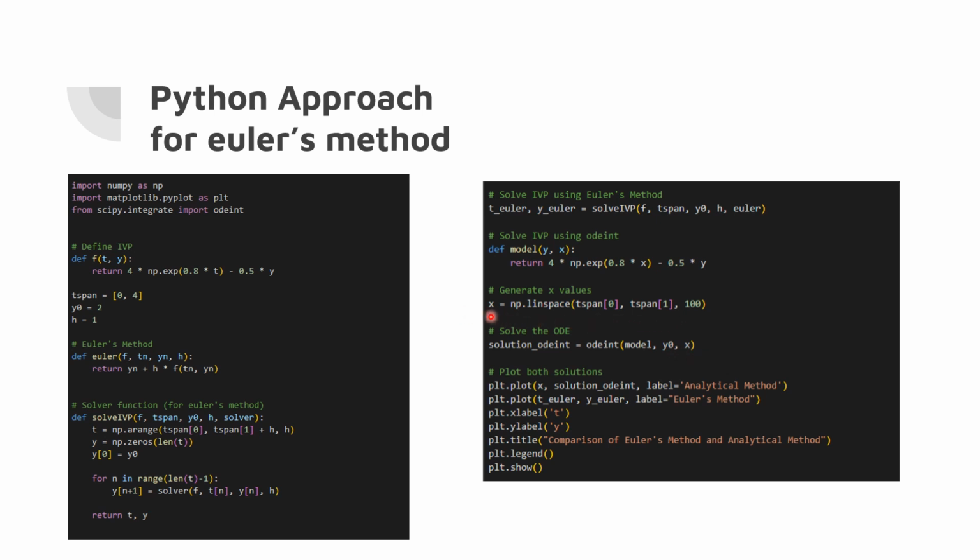And this is just creating an array of x values so that our graph is a smooth curve instead of jagged. And this is just the code for plotting the two functions with their values on the graph that we'll see in the next slide.